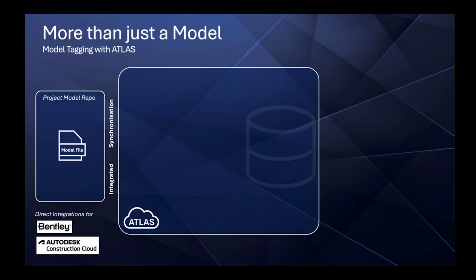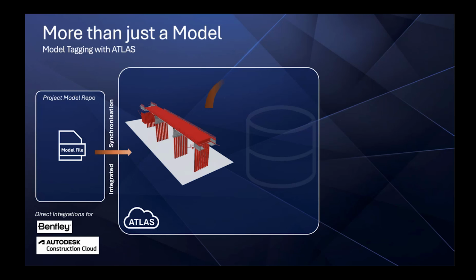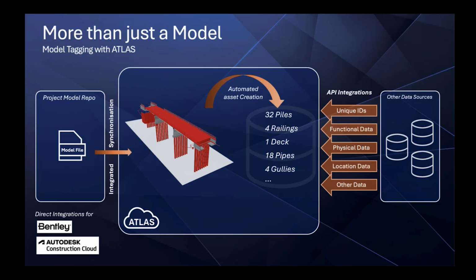So here's an overview of a workflow where we have a model repository integration. We can pull models into Atlas, and then beyond this, we can actually automatically create the associated assets. Or alternatively, the assets can be created separately within the platform and then linked to the models later on. But the key thing is we can relate the two sources of data.